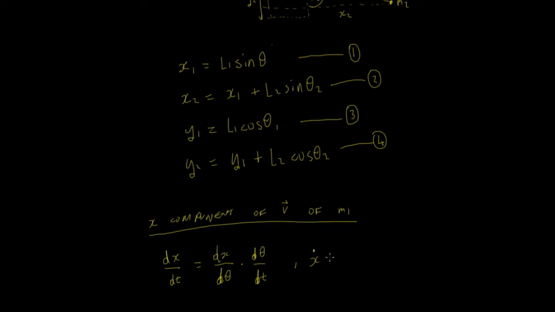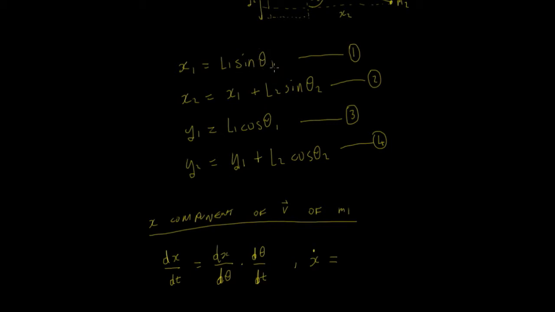Okay, so we say x dot is going to equal dx by d theta. So let's have a look and see. The first point here is we're looking at x1, so we're going to differentiate that with respect to theta.